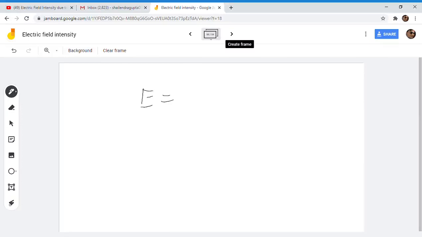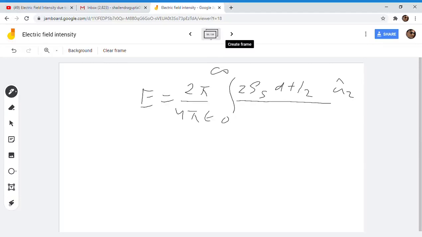So this is 2 pi upon 4 pi epsilon, and the integral from 0 to infinity, rho s remaining the same, z is also there, rho d rho becomes dt by 2, in the az direction, over rho square, that is t, plus z square to the power 3 by 2.